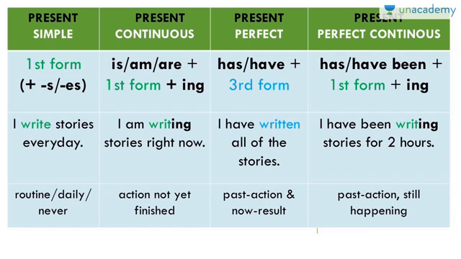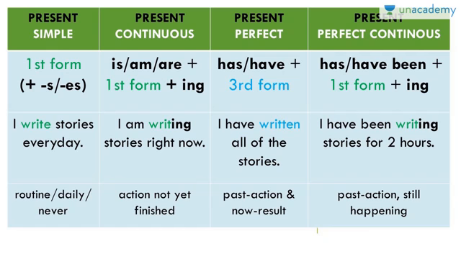In these kinds of sentences, you will see that the verb is being used in the first form, and then you add an s or es at the end depending on what the subject is. For example, here I was talking about myself. I write stories every day. If you were talking about somebody else, for example, if you were saying that she writes stories, then you would have added an s at the end of the verb write.